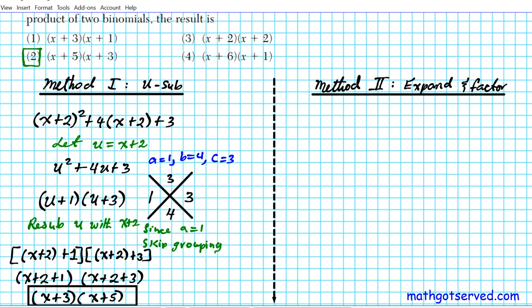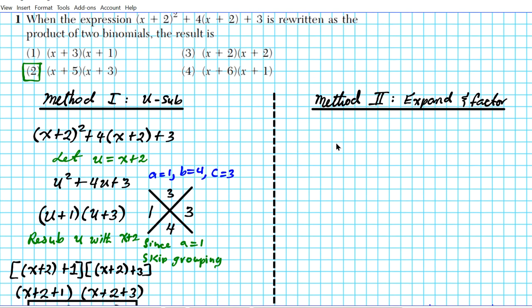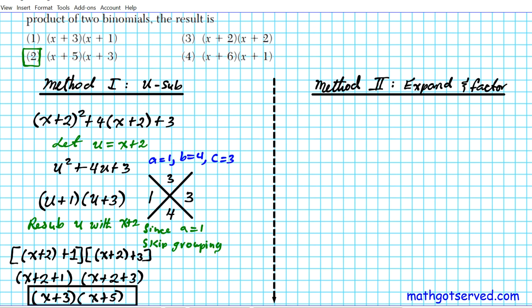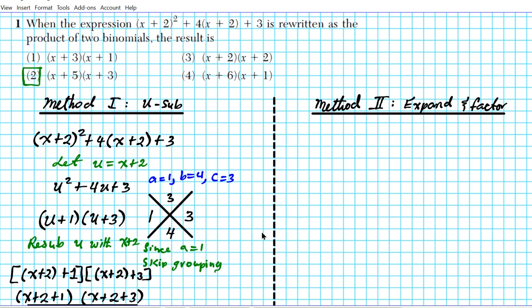So we are starting with the original problem, quantity x plus 2 squared plus 4 times quantity x plus 2 plus 3. Now let's expand this completely, okay? So we have quantity x plus 2 squared, which means that we're going to multiply x plus 2 by itself.